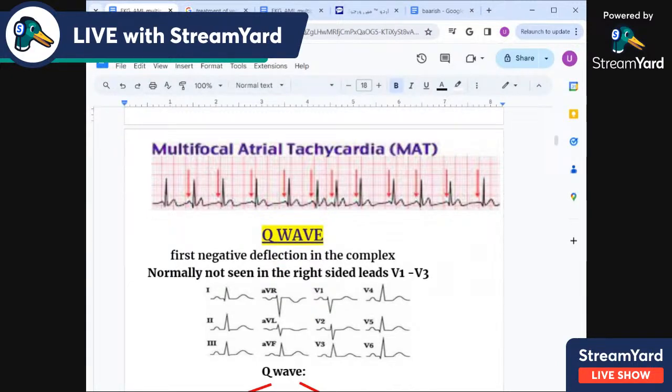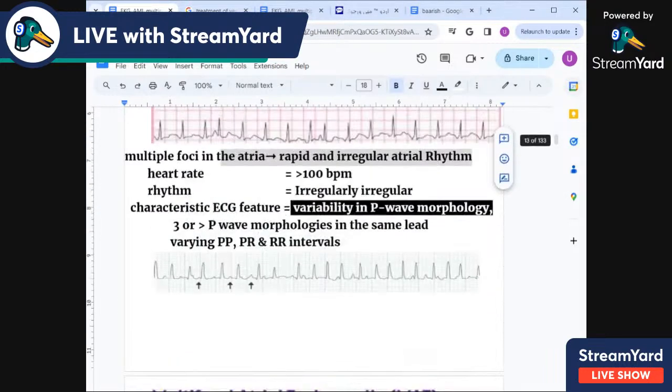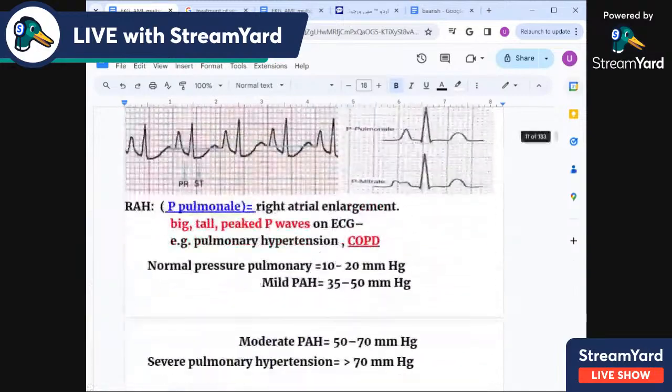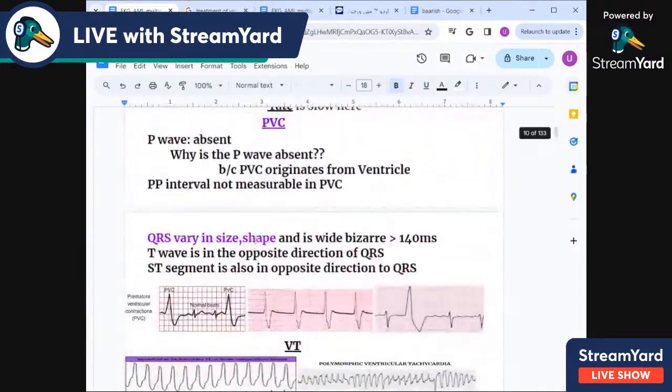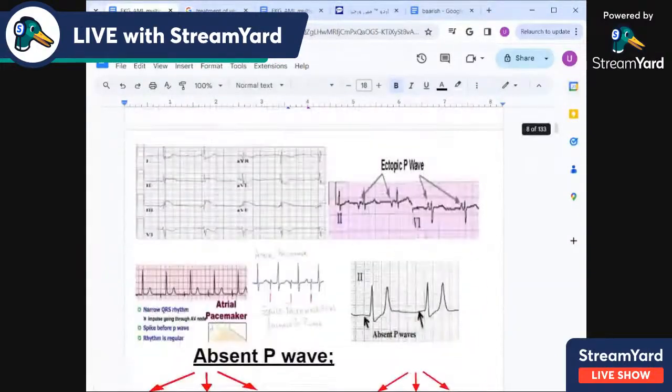So let's finish it for today here, because the P wave is finished, all the abnormalities, and we did it starting from the abnormal P wave.